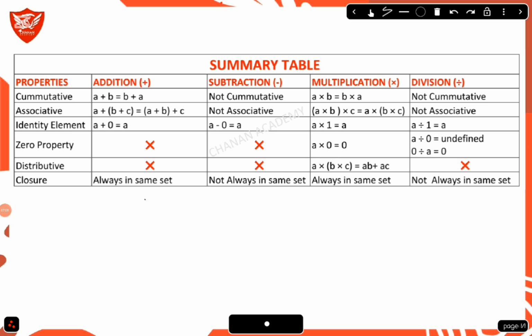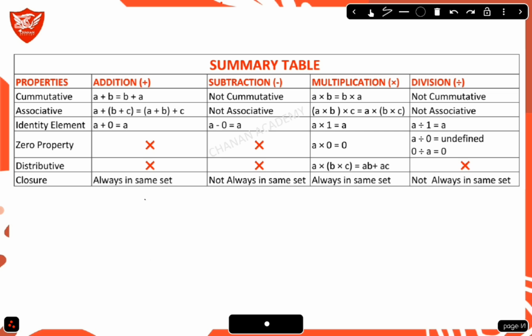Alright, the next one is the identity element. Please do well to watch the previous video because we explained each and every one of them there. This is just a simple summary. 0 is the identity element of addition. Identity elements are elements that when operated upon by any other element, the result is still that other element.